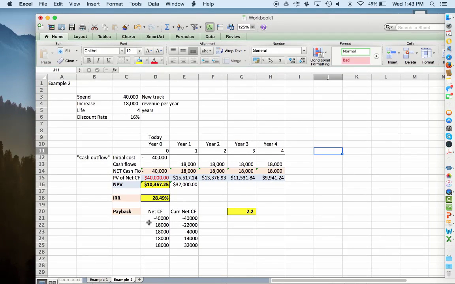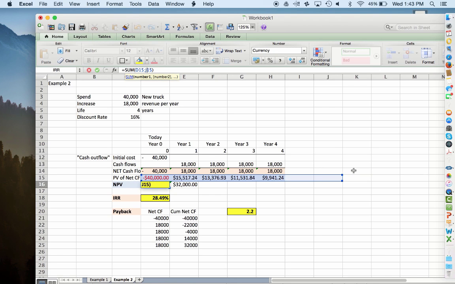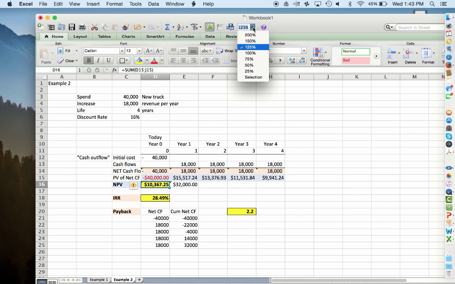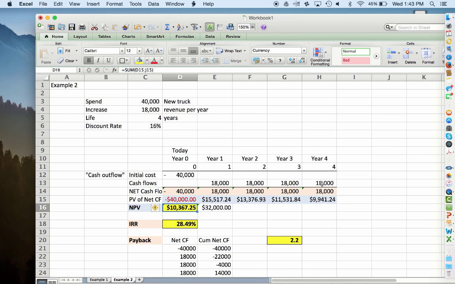It sums the present value of the cash flow. So think about it, if you guys can see the color, the idea is sum the blue values. IRR, use the orange values. And then payback also uses the orange values.